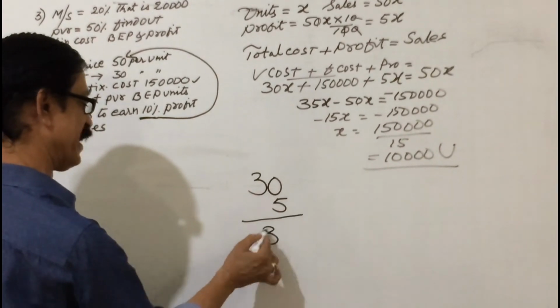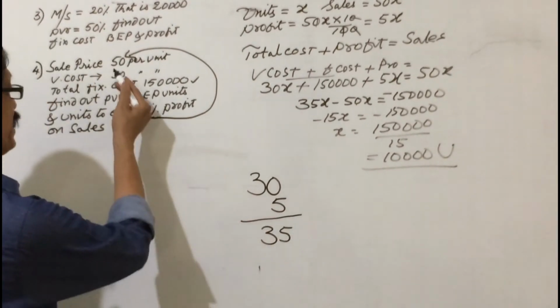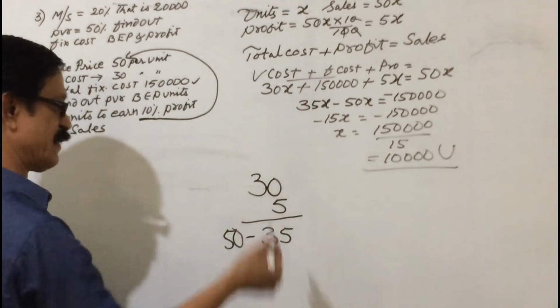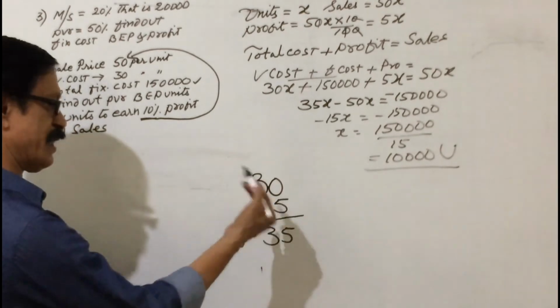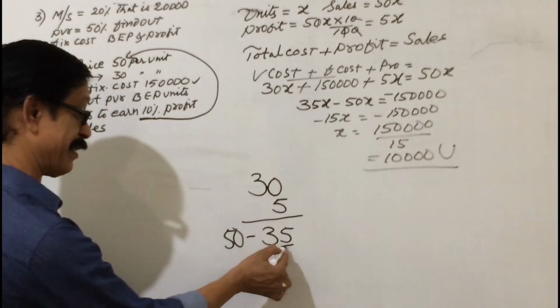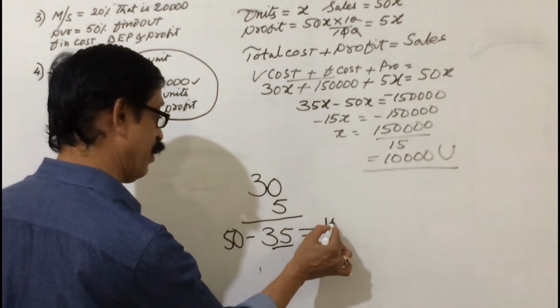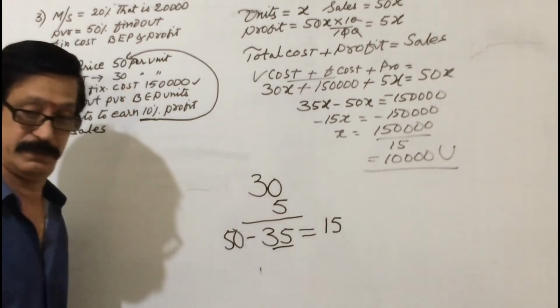Totally I am in need of 35. Out of sale price 50, I want 30 towards variable cost and 5 towards profit. Totally I want 35. That means 15 rupees is only available for recovery of fixed cost.